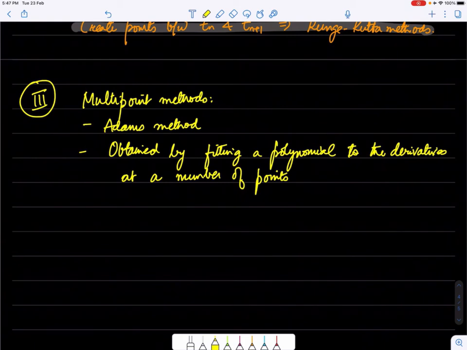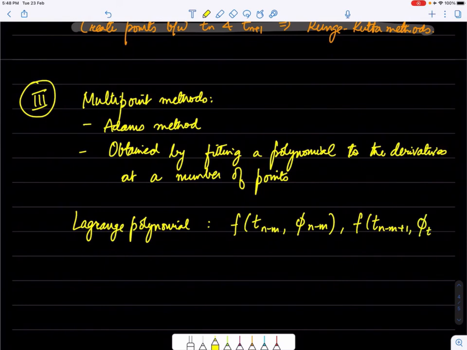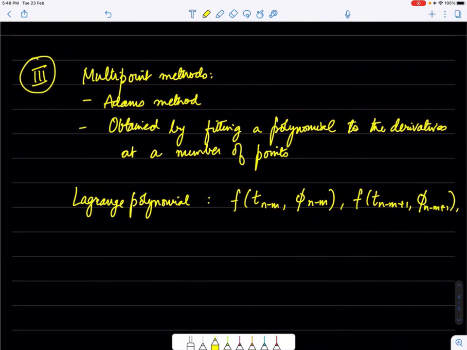So to explain what this polynomial would look like, let's say we fit a Lagrange polynomial. Let's say we compute the derivative f at t n minus m, where the value is phi n minus m. The next point would be f at t n minus m plus 1, where the function value is phi n minus m plus 1, and we do all these evaluations until we reach f at t n, phi n.